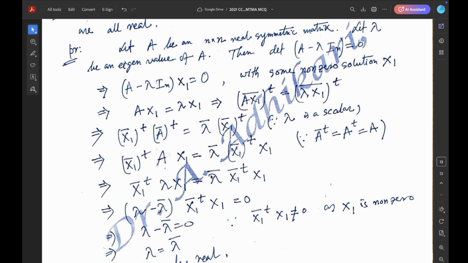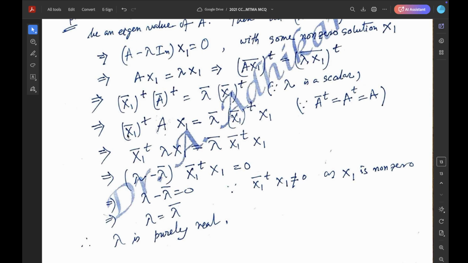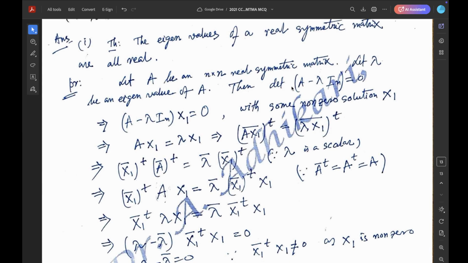So lambda bar transpose equals lambda bar; the transpose does not affect lambda because lambda is a scalar quantity. Then X1 bar transpose A, because A bar transpose equals A transpose equals A, since A is a real symmetric matrix.